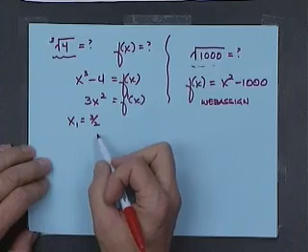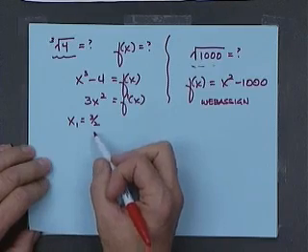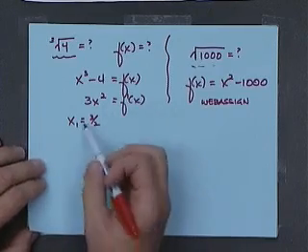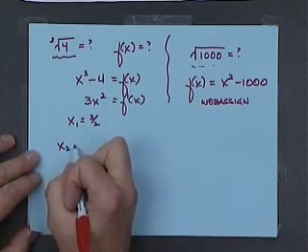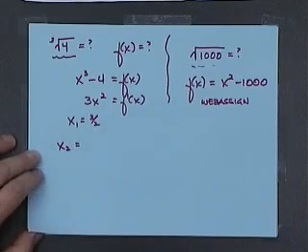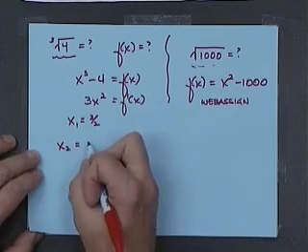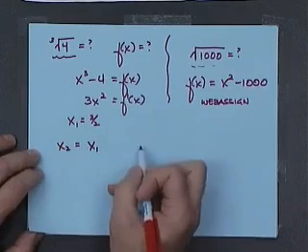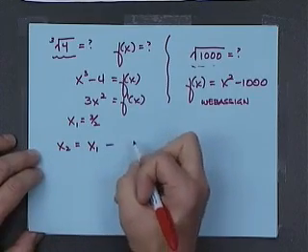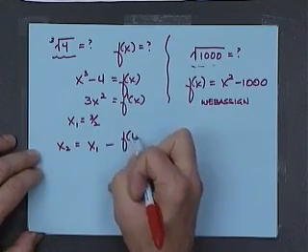What is 27 divided by 8? 3.375. Okay, so it's reasonable. So we'll start with 3 halves. How do we get x2? x2 equals x1, and we'll write it all out this time since it's the first problem today, minus f of x1.